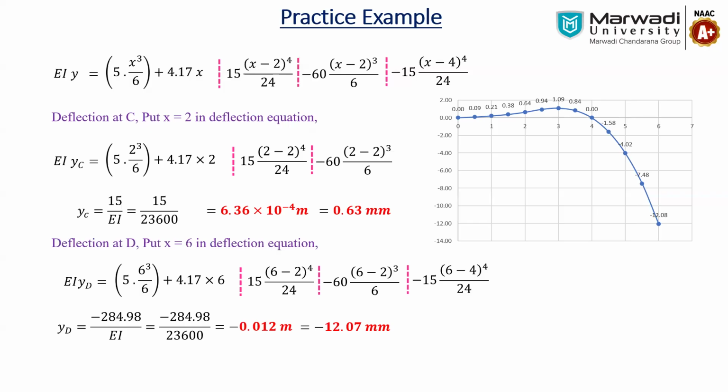Before we end, I need to ask a couple of review questions, so you have to think about them. My first question is: what is the advantage of Macaulay's method as compared to whatever methods you have learned up till now, like Castigliano's theorem or the double integration method? What advantages have you observed in Macaulay's method?